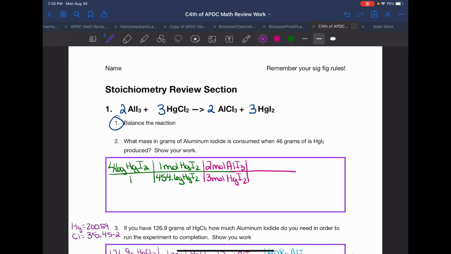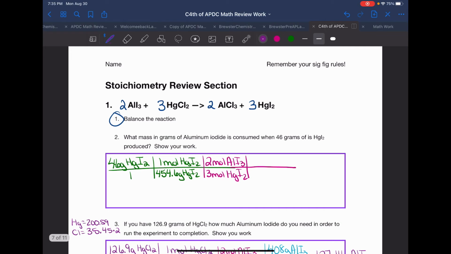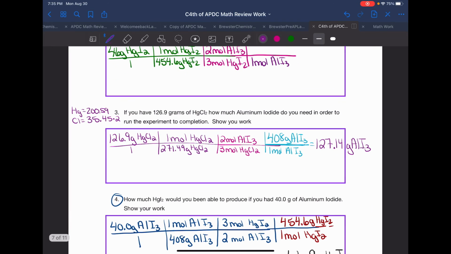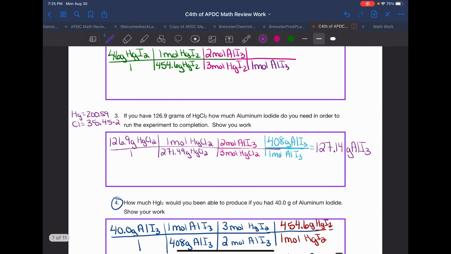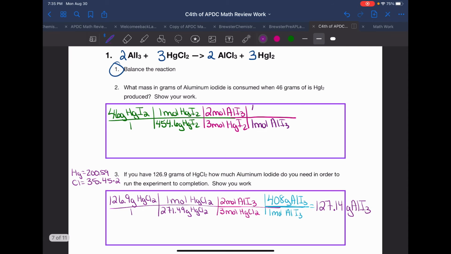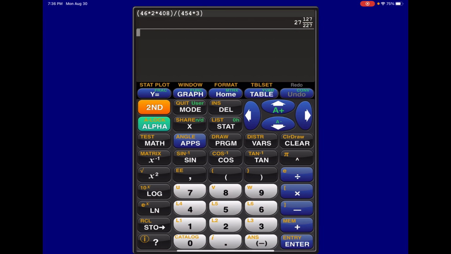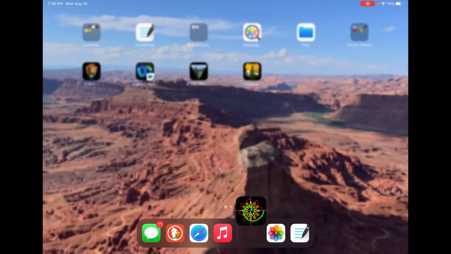Now, I need to finish this out. So I'm going to put 1 mole of AlI3 and I'm going to go find my mass, which I did earlier, which is 408. I'm going to convert that over real quick. 27.55.